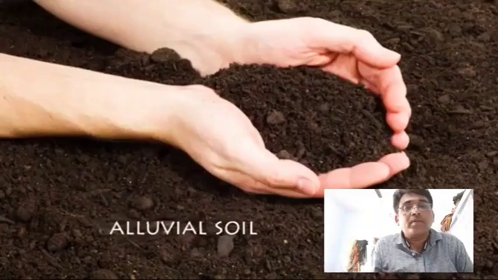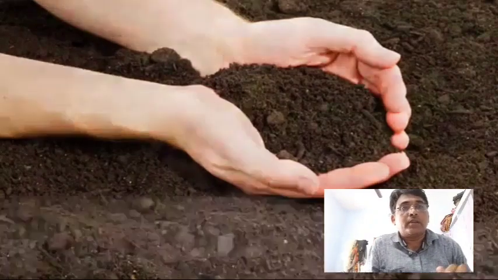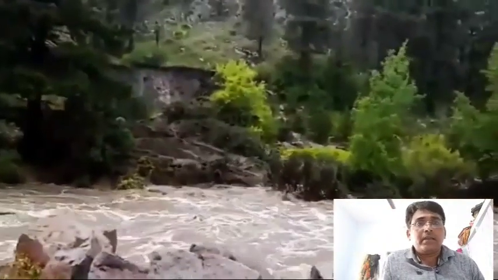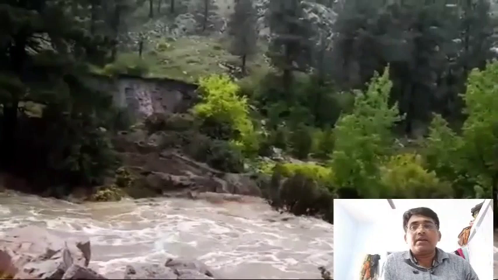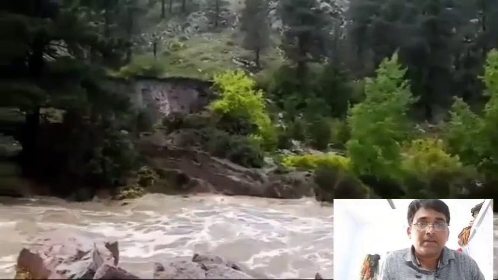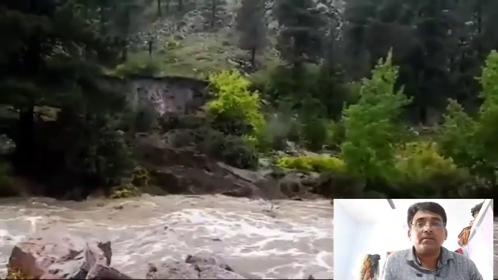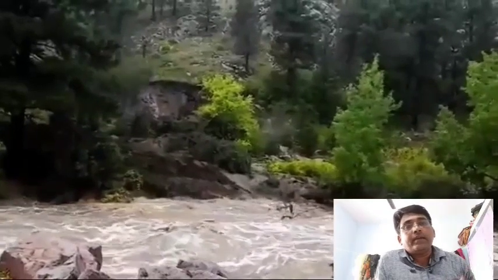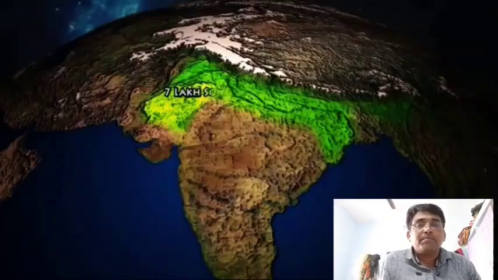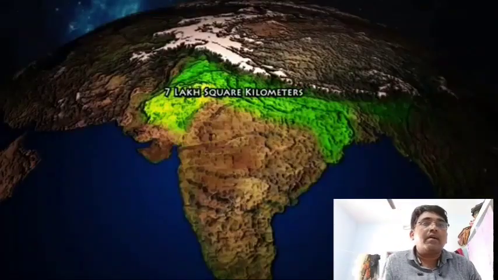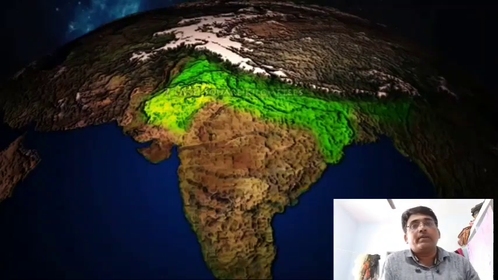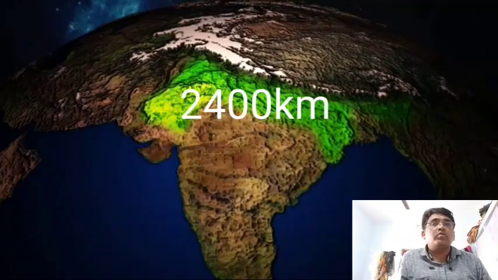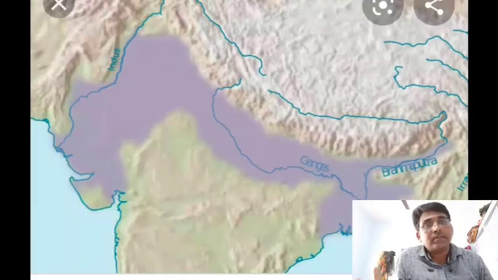This plain is formed of alluvial soil. The deposition of alluvium in a vast basin at the foothills of the Himalayas over millennia forms this fertile plain. It spreads over an area of 7 lakh square kilometers. This plain is 2400 kilometers long.